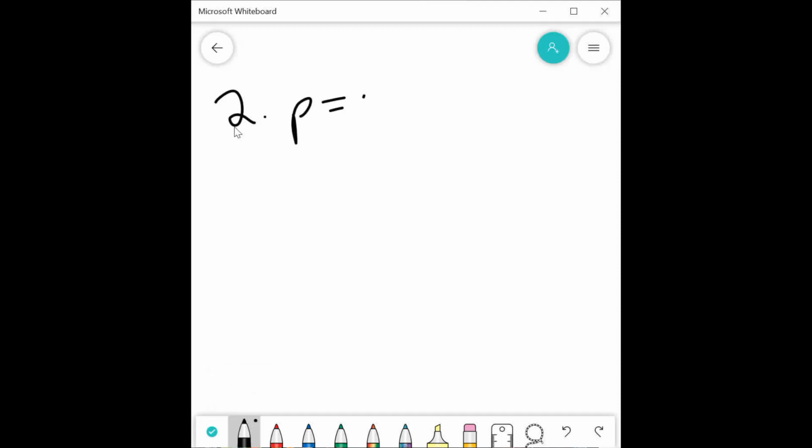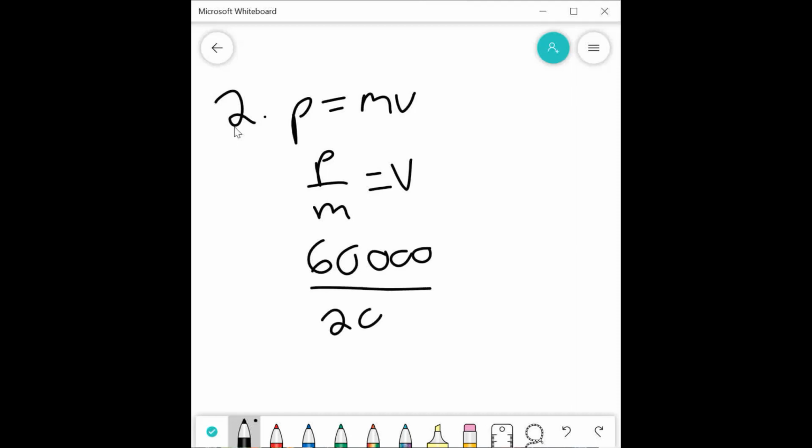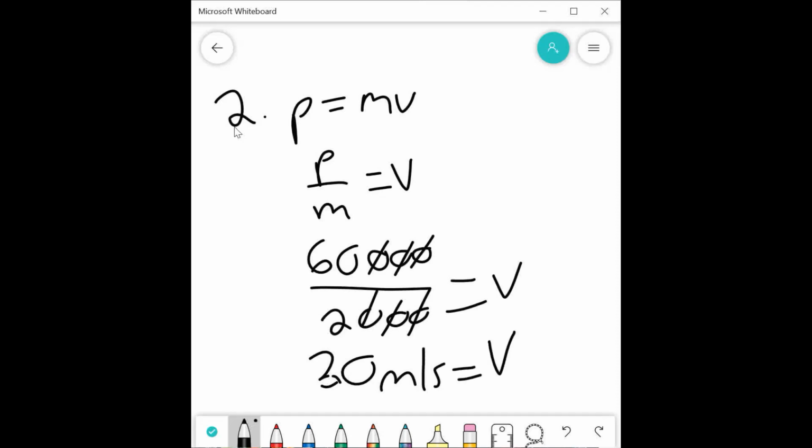So p is equal to mv, and we know that the velocity is the question, so we've got p over m is equal to v, so it will be 60,000 over 2,000, and so we get 30 meters per second as our velocity. They don't give you any direction for that, so you could just say in the same direction as the momentum.